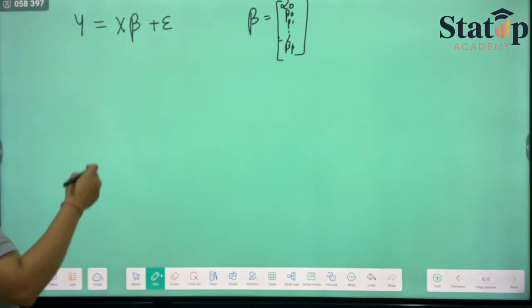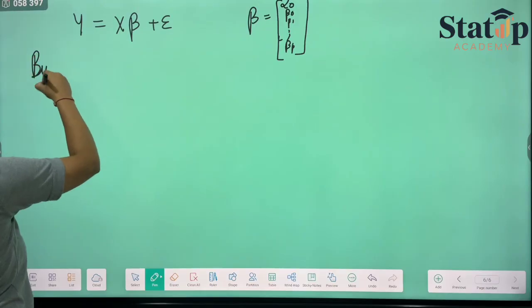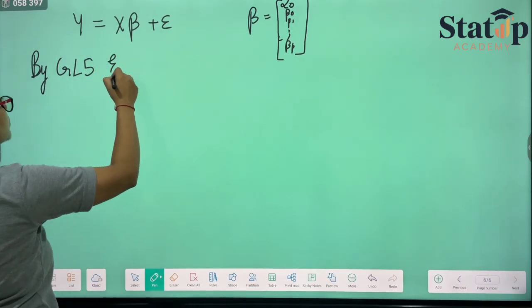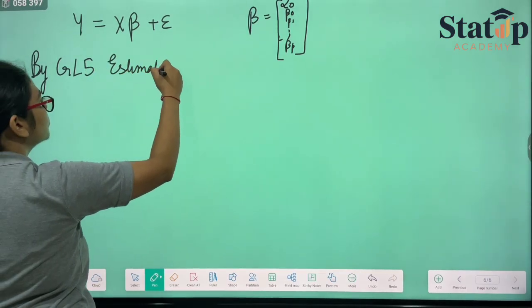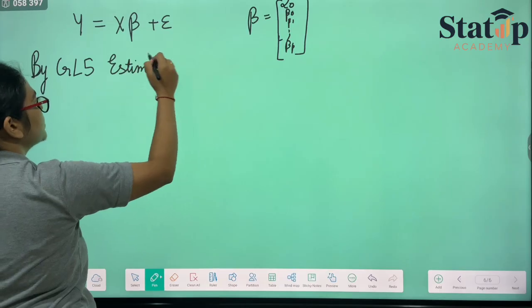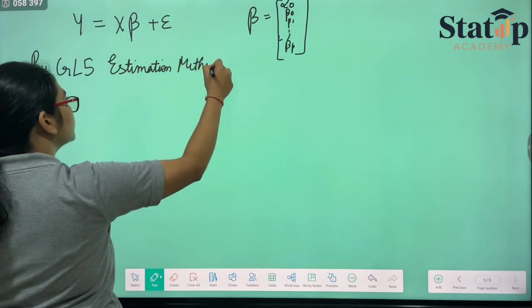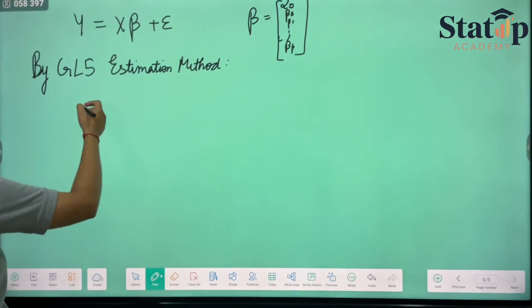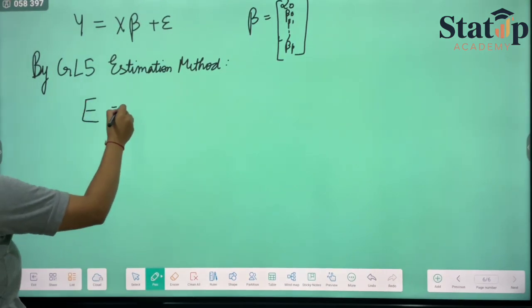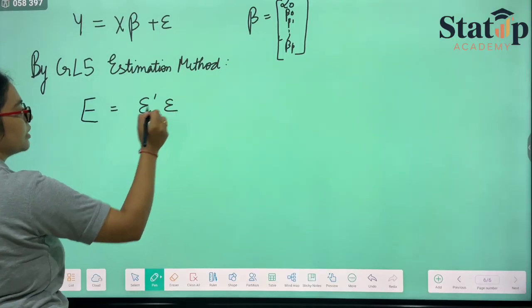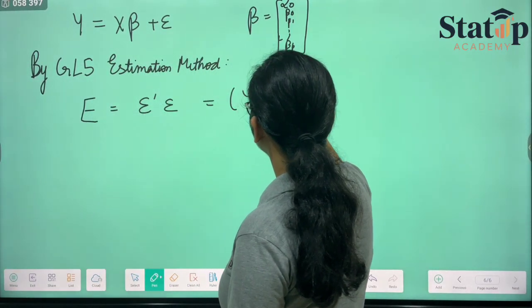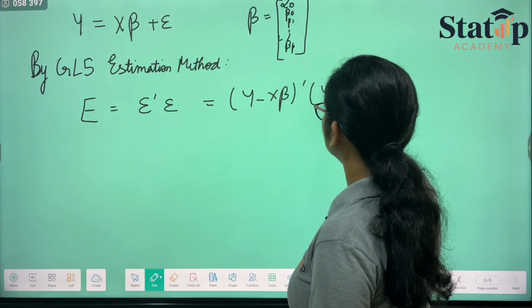Now again, by solving with the general least square estimation method, we will take E dash E, epsilon dash epsilon, which is again (y minus x beta) dash into (y minus x beta).